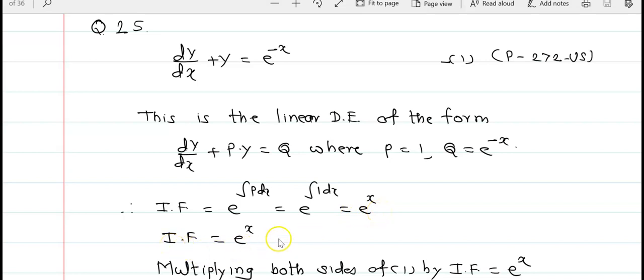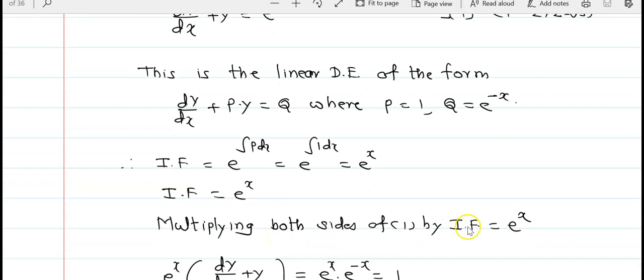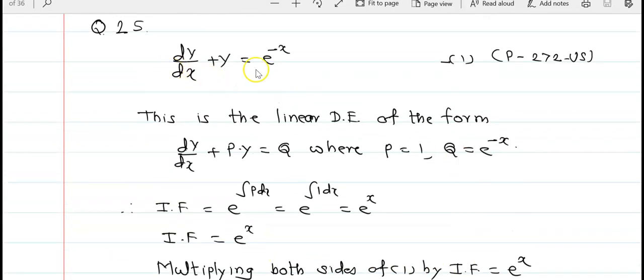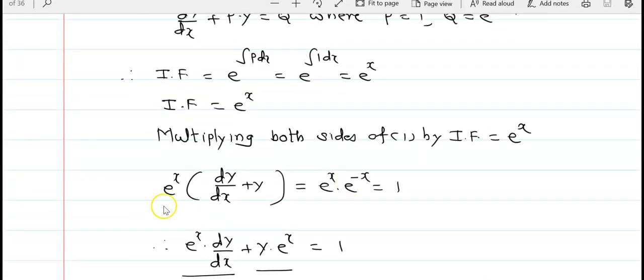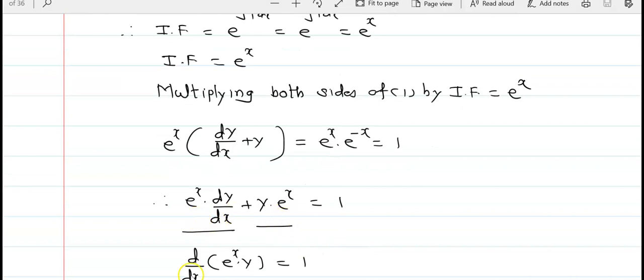Therefore, the integrating factor is e raised to x. Multiply on both sides of the equation. That is e raised to x in bracket dy by dx plus y is equal to e raised to x into e raised to minus x, that is equal to 1. If you multiply it, then you will get e raised to x into dy by dx plus y into e raised to x is equal to 1. Now this is nothing but the differentiation of e raised to x into y, that is equal to 1.